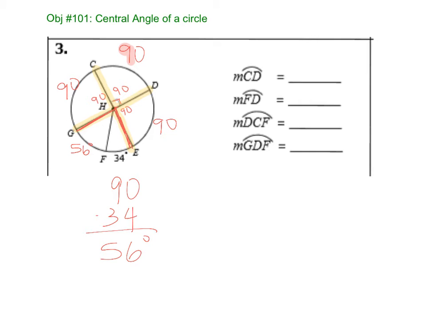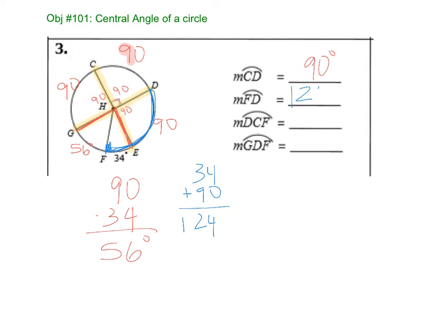All right, so now I did all the work I needed. Fill in my answers. So CD, 90. FD. All right, so that's from here to here. So that's 34 and 90. 34 plus 90 this time, which is 124.